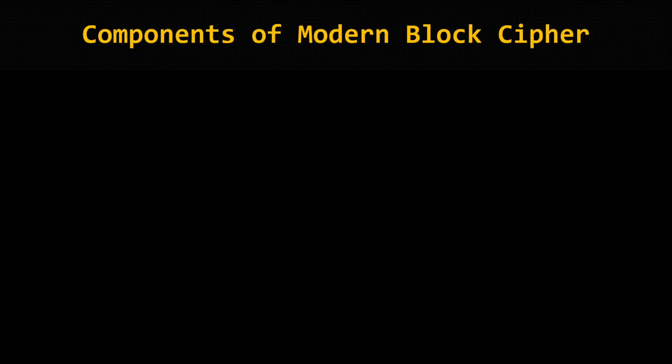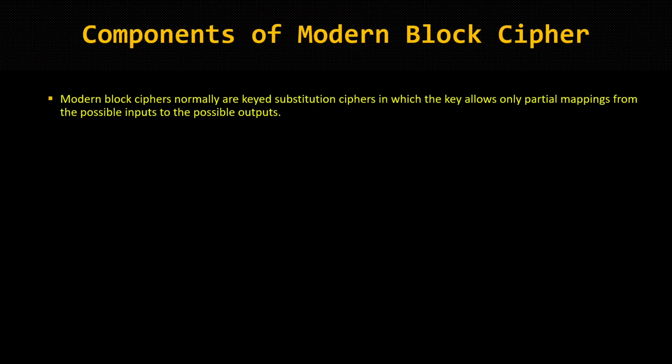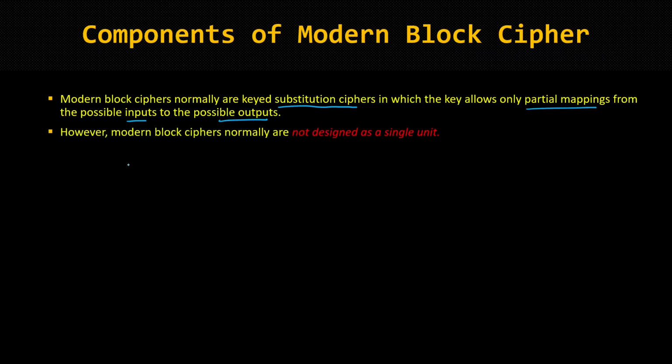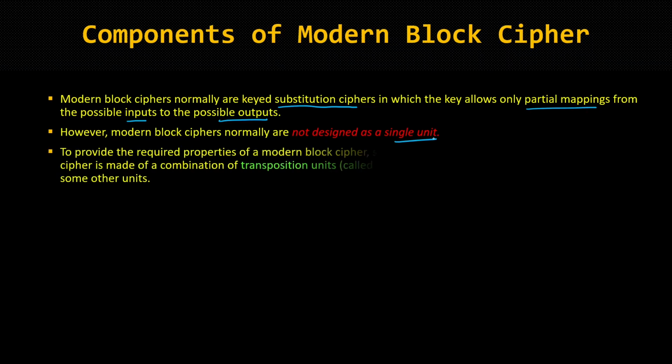Now moving on to the components of a modern block cipher. Modern block ciphers normally are keyed substitution ciphers in which the key allows only partial mappings from the possible inputs to the possible outputs. However, modern block ciphers are normally not designed as a single unit.